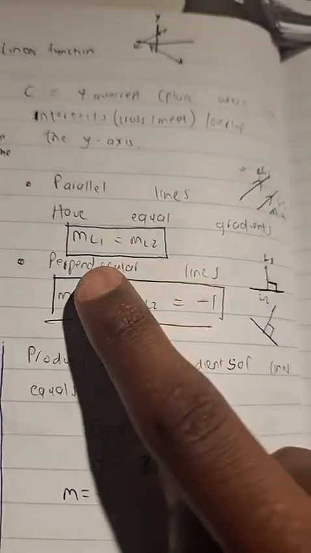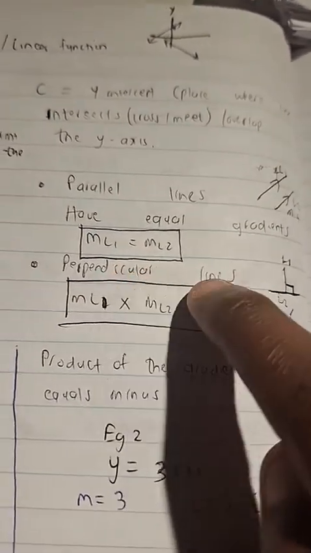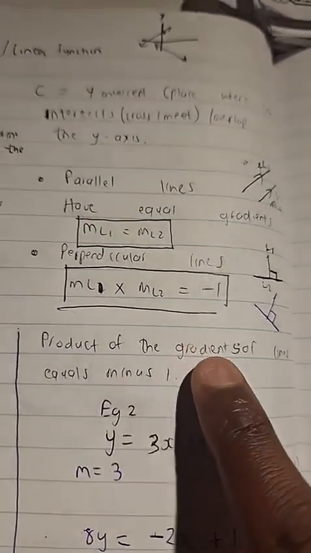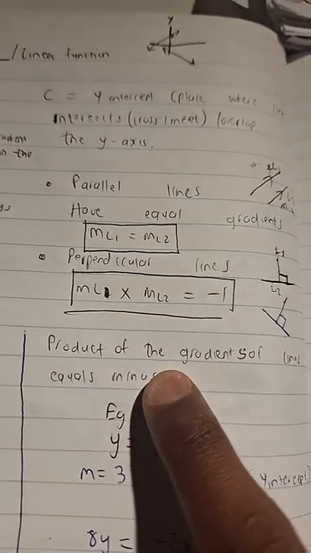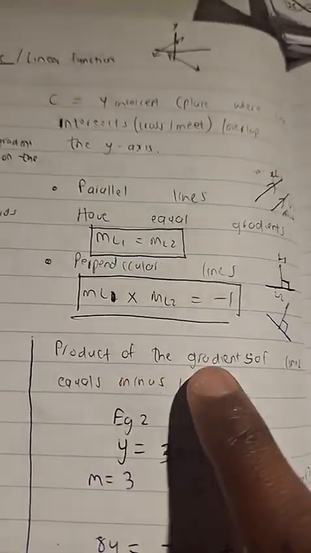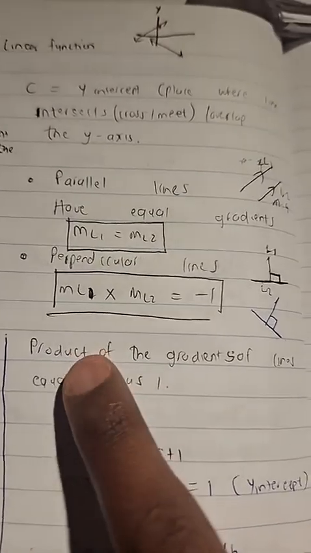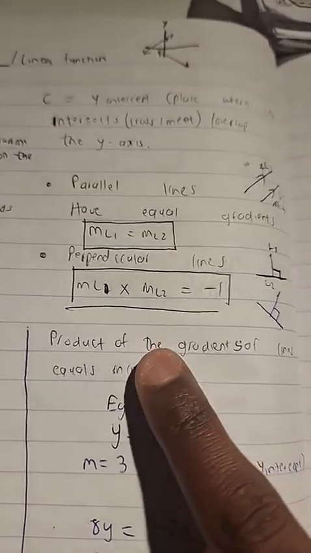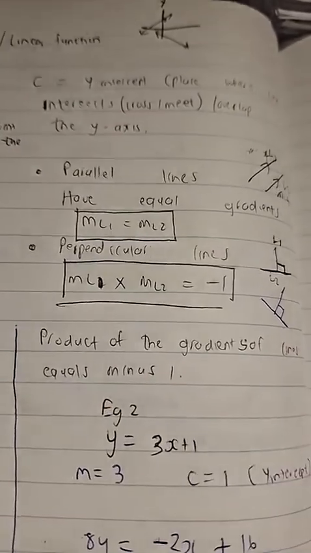Perpendicular lines: the product of gradients equals -1, the product of gradients equals -1.